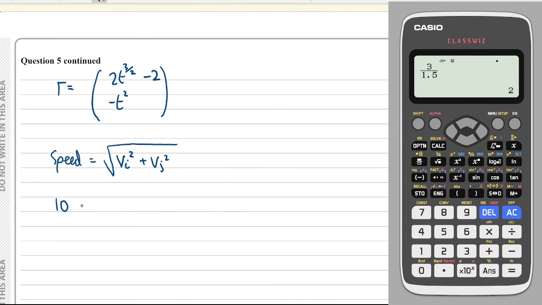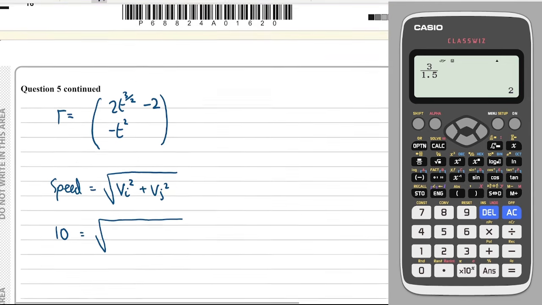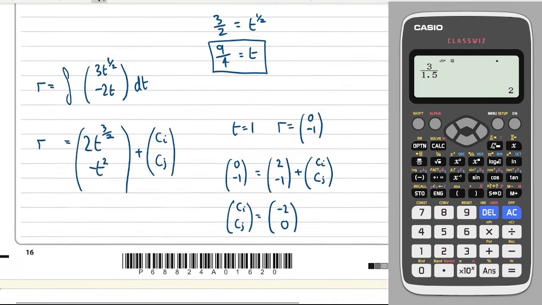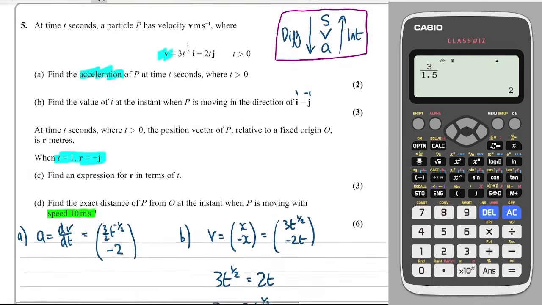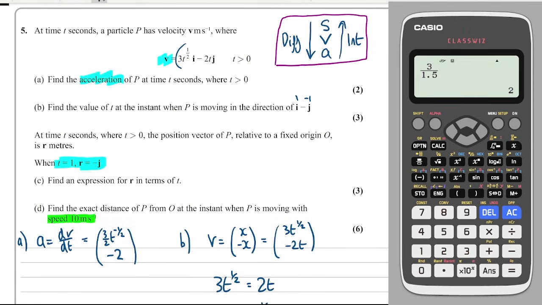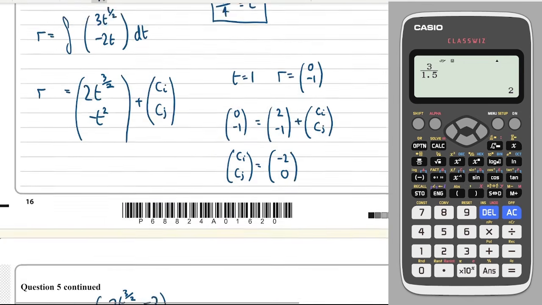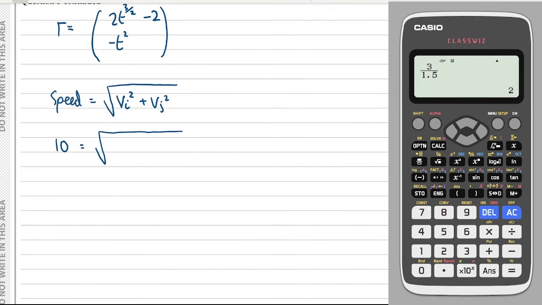So that tells me that 10 is equal to the square root of, and vi is the velocity in the i direction, which is given right at the start. It's 3t to the half. And vj is minus 2t. So that is 3t to the half squared, and vj was minus 2t.